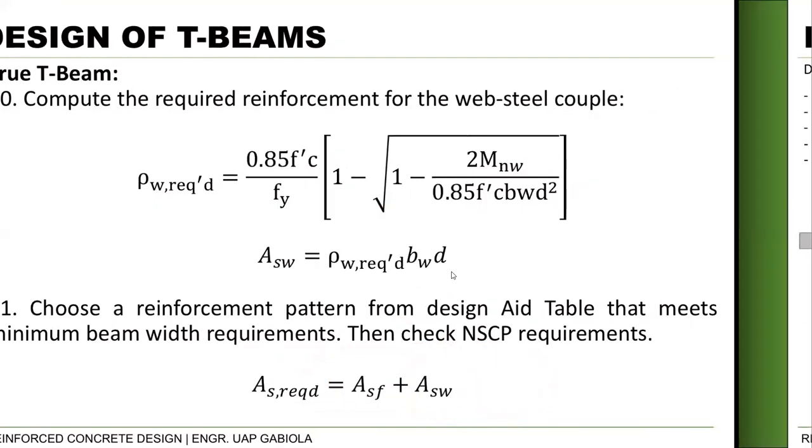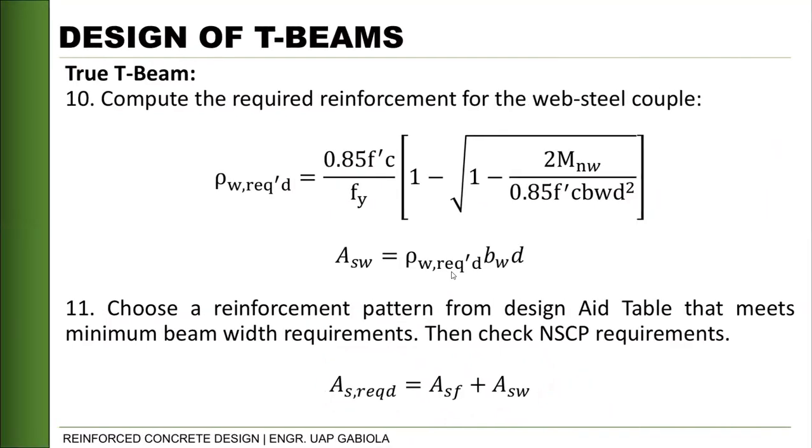Then upon having the value of As, we will choose a reinforcement pattern efficient for our section, and then we will check if it adheres to the NSCP minimum area requirement and also the first assumption that the steel section controls.